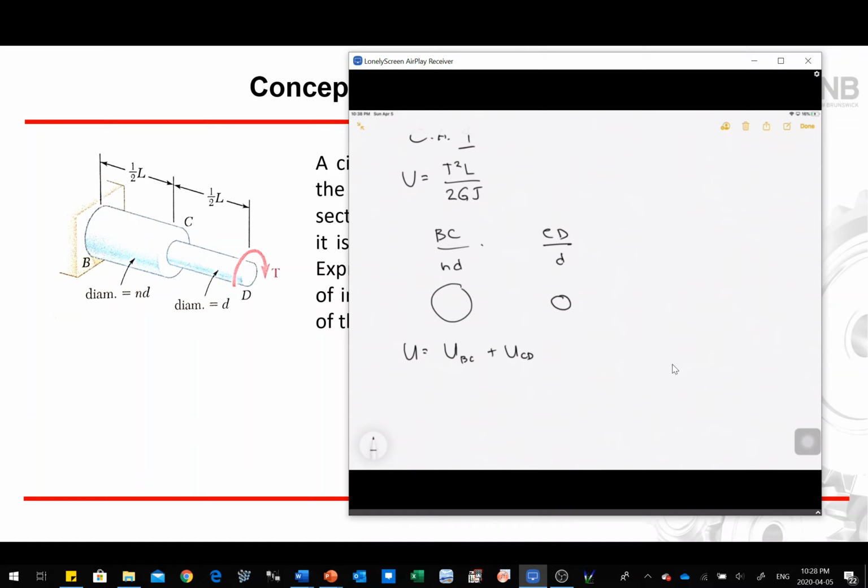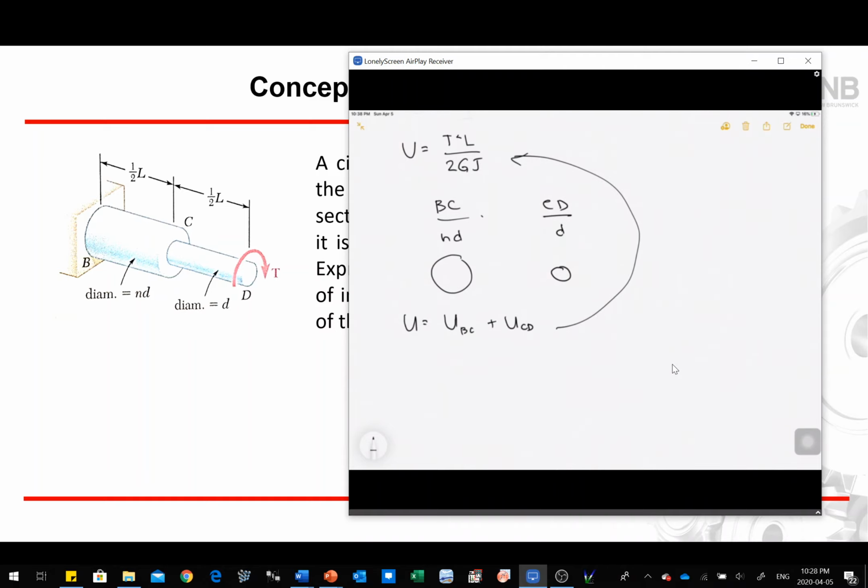Now this is torsion, and we know the equation for strain energy if we have a torsion. So based on the strain energy equation, this is T squared L over 2GJ, and that's for BC, plus T squared L over 2GJ, that's for CD.